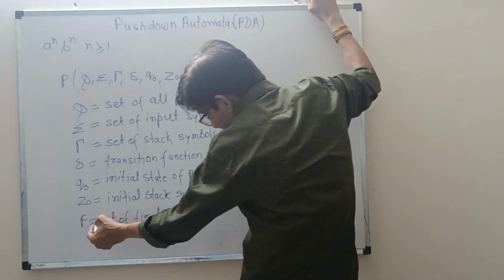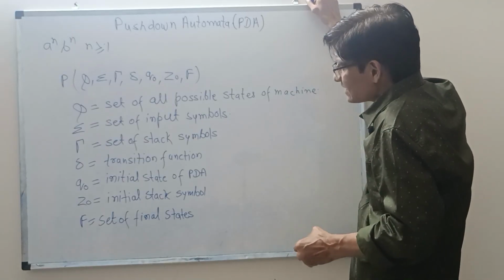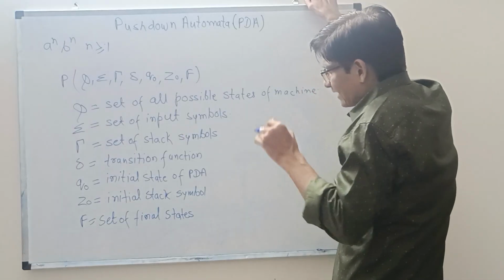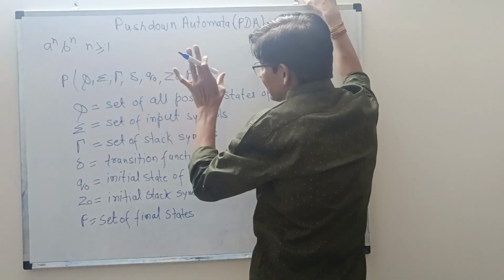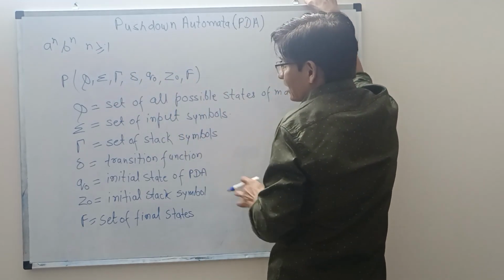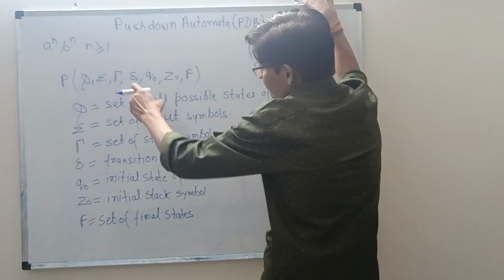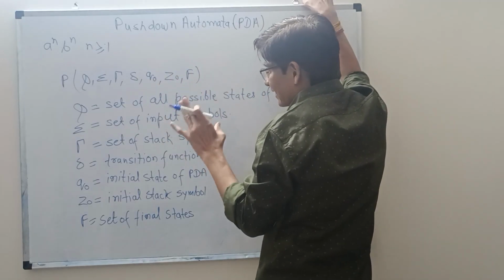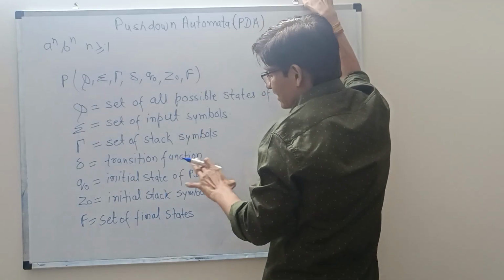So these are the 7 different tuples of a PDA. If you remember, all tuples of finite automata are also there in a PDA. We have added 2 extra tuples here, which are gamma and Z0. Both are related to the stack, which is there in a PDA only.